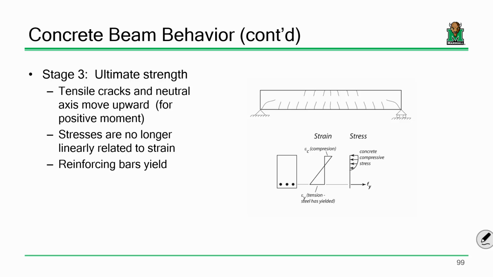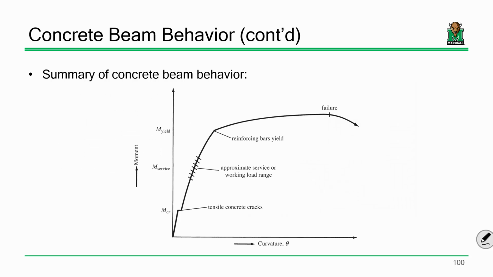But when we really start amping up load is when we're going to start to experience failure. So what is failure going to look like? Well, what we would like is for the steel bars to completely yield, and to reach the point where the concrete is really starting to experience its maximum strains. If I start summarizing what concrete beam behavior looks like, we tend to express that through moment curvature plots: how much moment we apply and how much the beam wants to rotate.